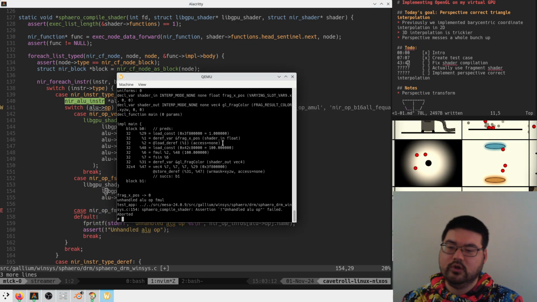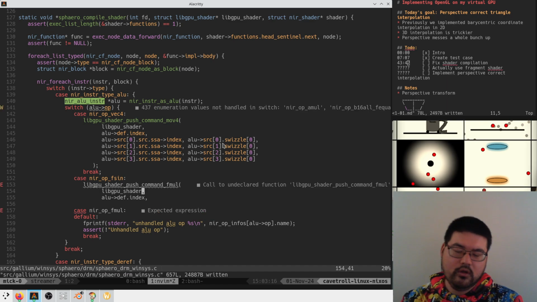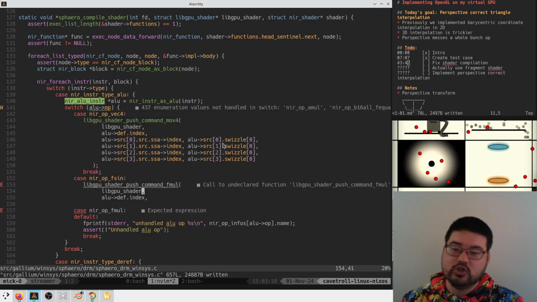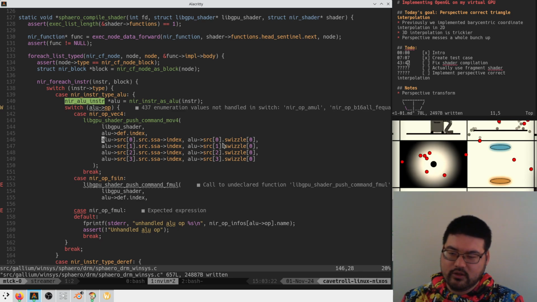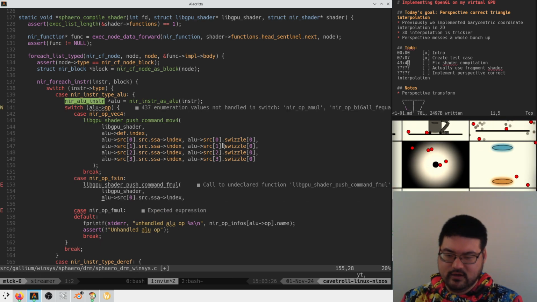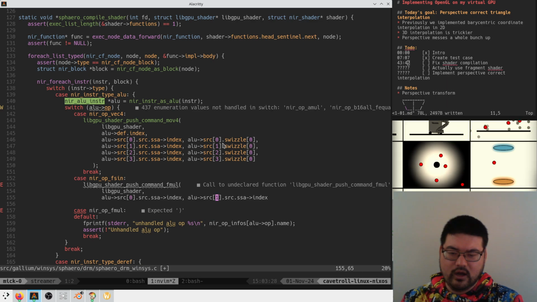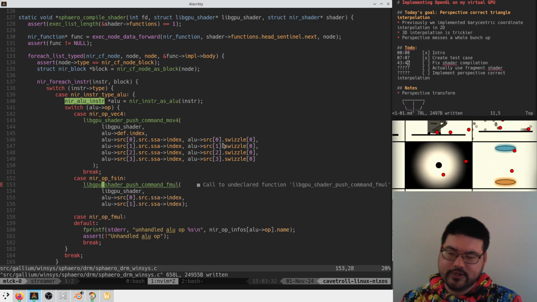we're gonna do fmol. And the fmol is gonna take in 2 arguments, which are going to be 2 other variables that we've already extracted. So it should just be like this, I think. That would be my guess. So we multiply a by b.